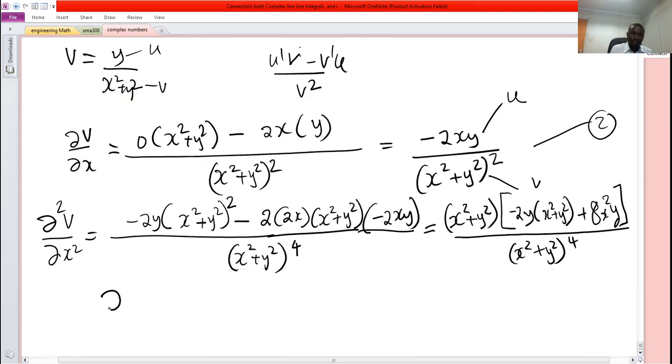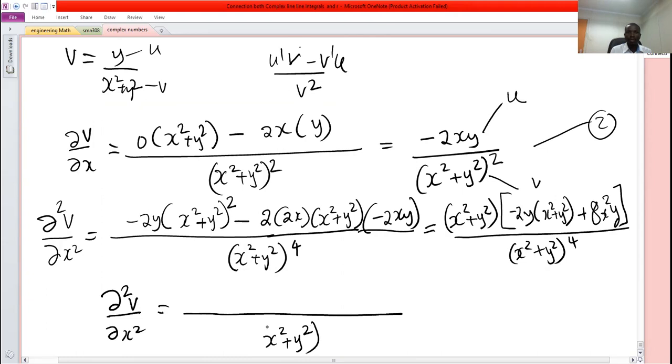So which will give me partial squared v partial x squared. Now this bracket and this bracket are the same, so this cancels 1. So I have x squared plus y squared power 3. Now this will be minus 2x squared y, minus 2y power 3, and then plus 8x squared y.